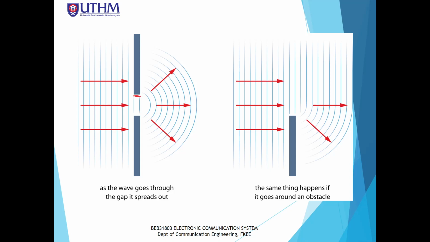This is the gap, and it will spread out like this. Similarly, when the wave hits the edge of an object, it will go around the obstacles like this. So this is what we call diffraction.